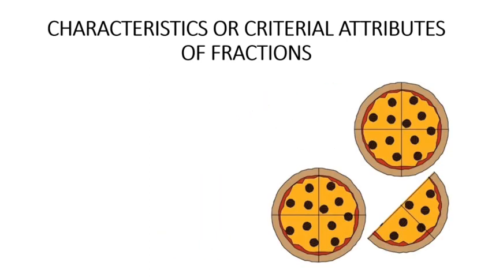But what if you had 2 whole pizzas and a piece of a pizza? Recall we said this particular piece, because it was divided into 2 equal pieces, we call a half. So if I had 2 whole pizzas and a half of a pizza, this can also be a fraction.